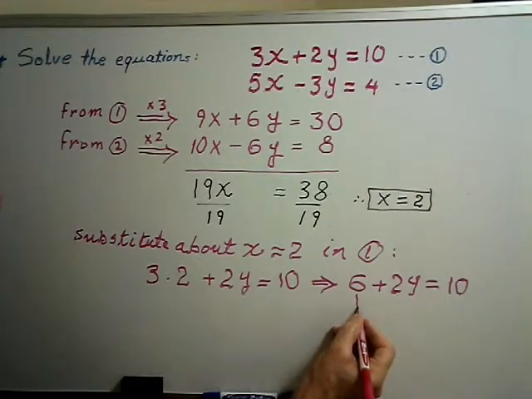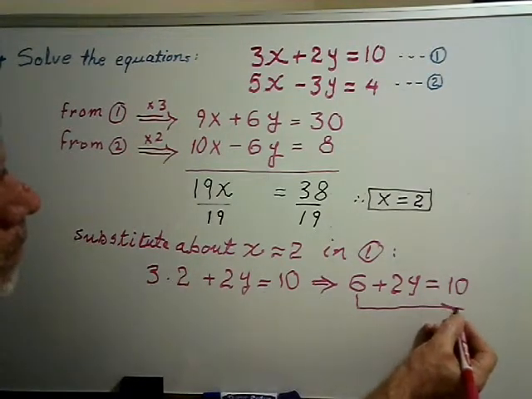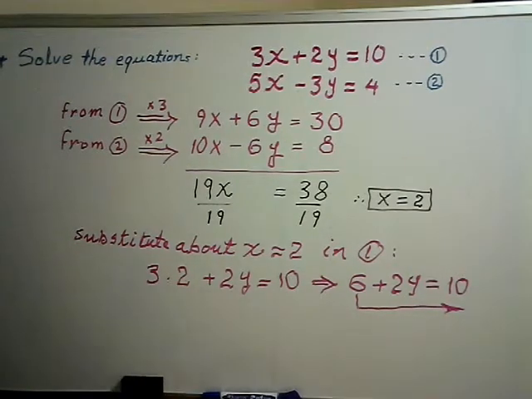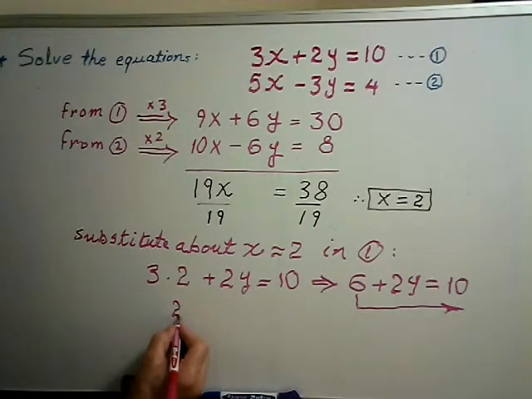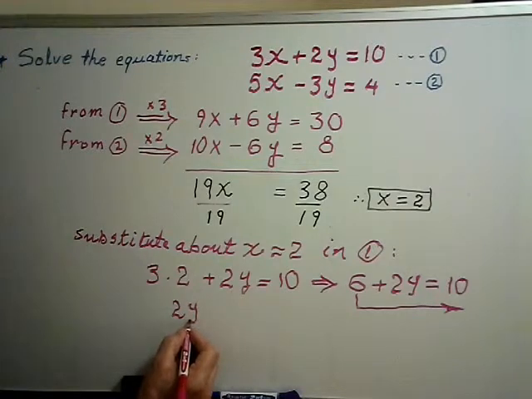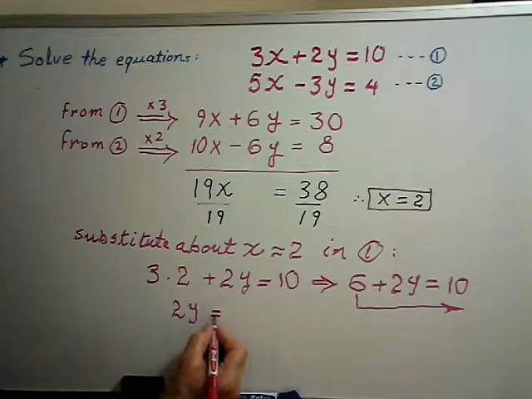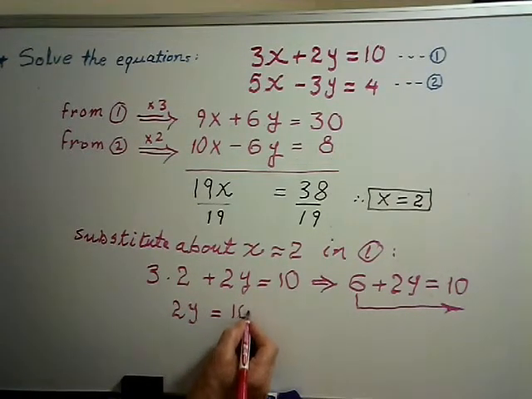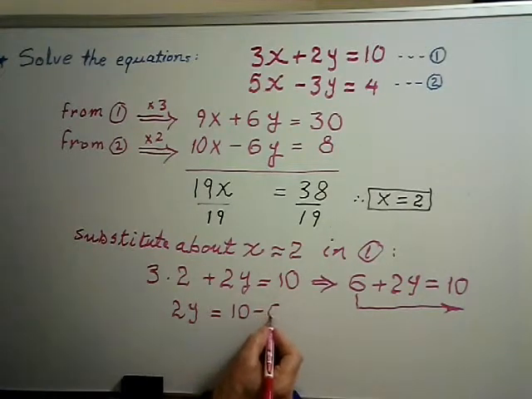By moving 6 to the other side, it will be a negative. So 2y will stay in this side, and the other side will be 10 minus 6.